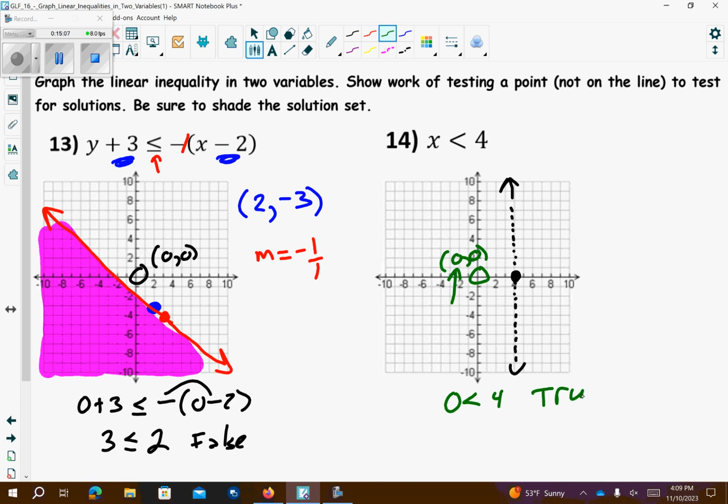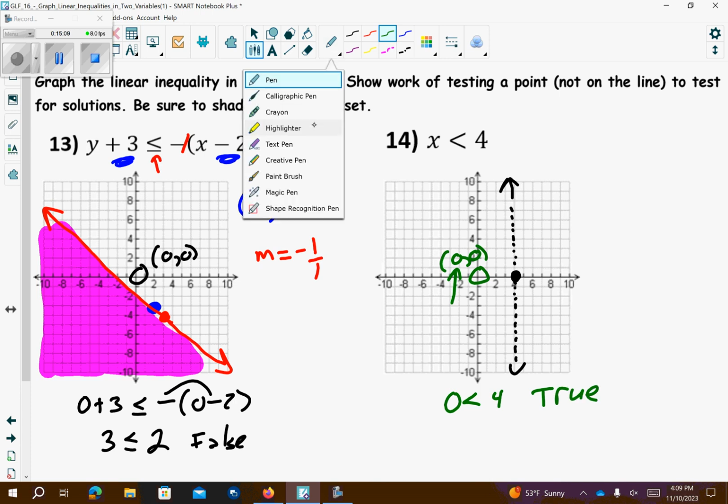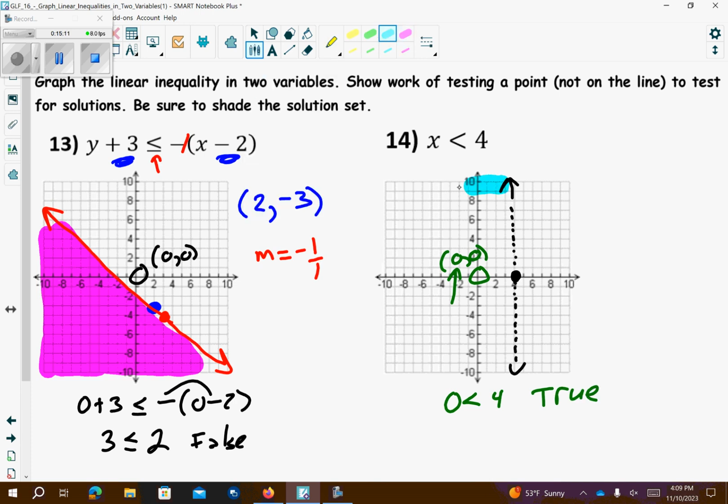Yeah, that's true. I'm going to shade the side that my test point is on, so I'm going to shade over here. And that's where our solution would live. If I picked any point over here in the blue, it would give me a true statement. If I picked anything on the right side, it would not work.